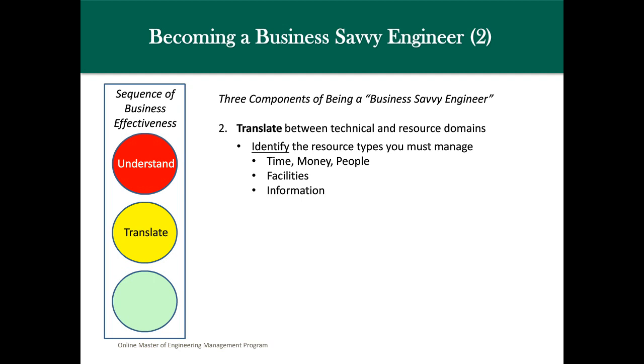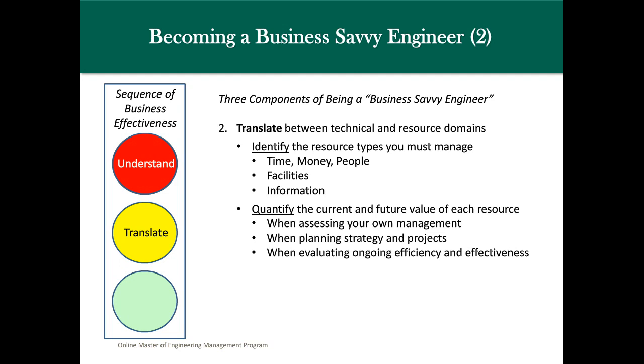The next step in this would be to quantify the current and future value of each resource. And this kind of current and future value has the looking ahead to maybe pre and post project or pre and post improvement. And so when you're planning your own management, not just to think, okay, we have to get this piece of software out the door, but the whole resource picture. What is the value of the current tools we have?